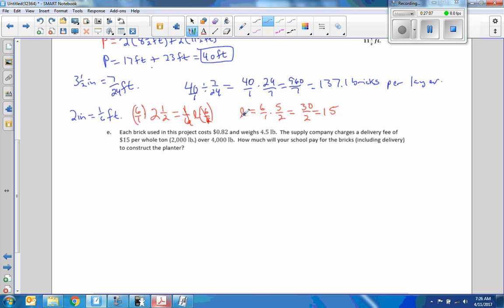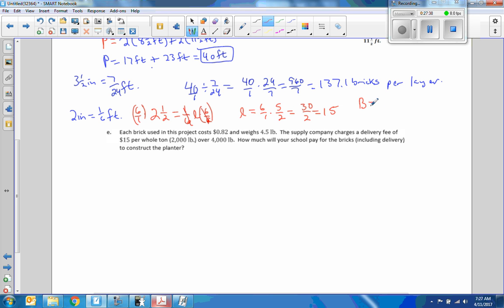I said length back here, I meant layers. So a layer is 1/6 of a foot, which is 1 brick. So I need 15 layers to have enough bricks for this planter. Now the total number of bricks B will be equal to the product of the bricks in each layer and the number of layers.